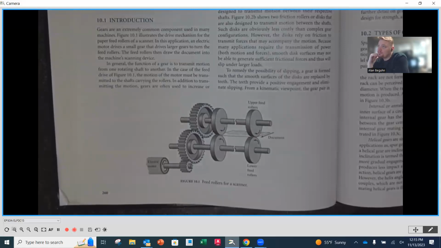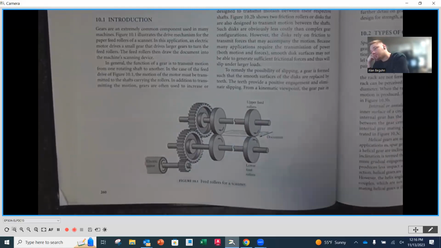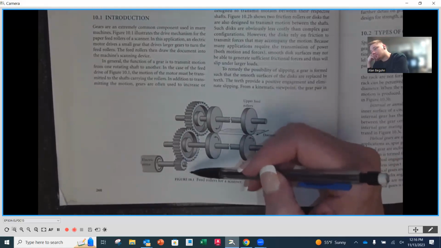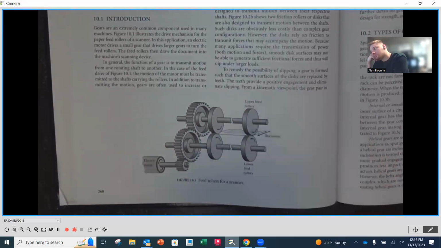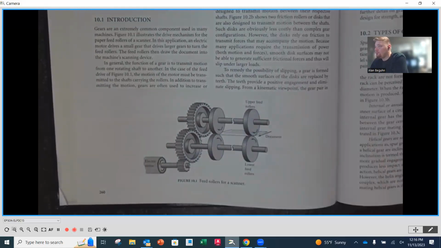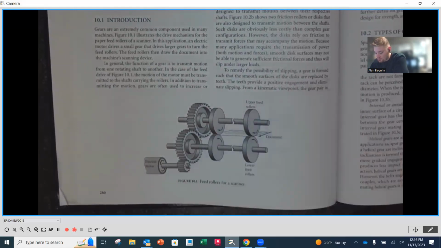Okay, as we look at the difference in sizes, we're going to be noting this as we do our calculations. What ends up happening is this gear, because it's mounted on the shaft coming out of the electric motor, is going to be going at the same rotational speed as that electric motor. It's in engagement with a larger gear, which does two things.